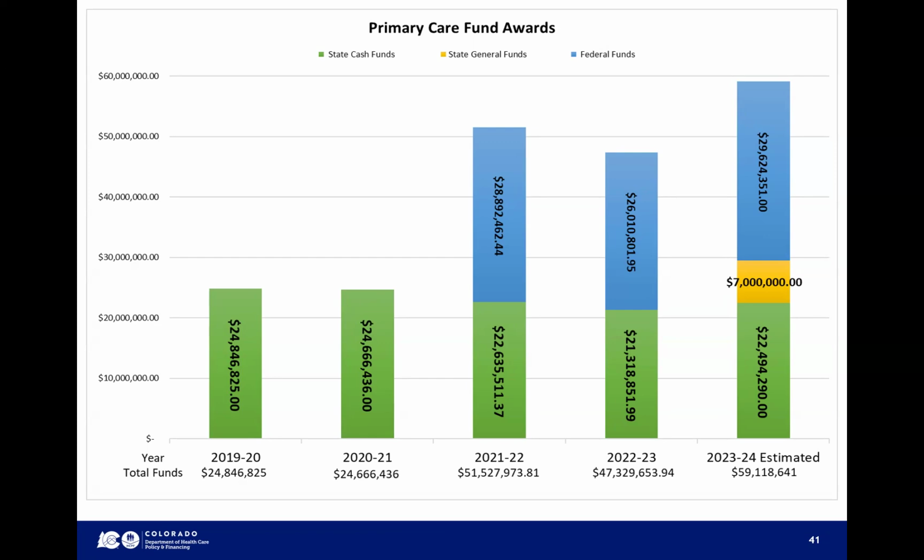So that $7 million one-time grant was huge for us this year, and we were able to add that into the payments over the 4 quarters. So we are happy that we were at 59.1 million. We will wait and see, of course, what the final tobacco tax revenue comes in and see how that will affect that. But right now, that is the estimated award amount for fiscal year 23-24.